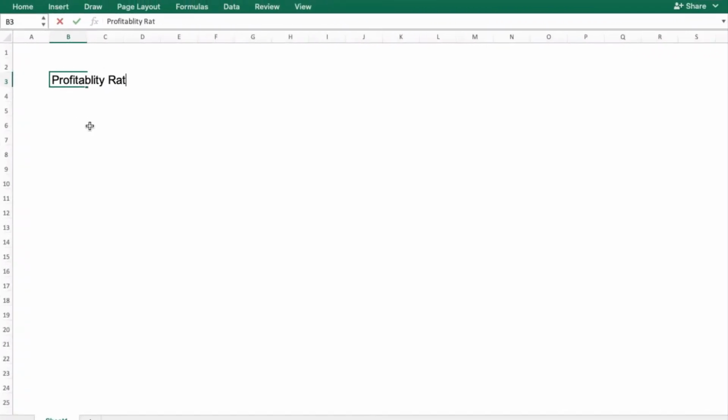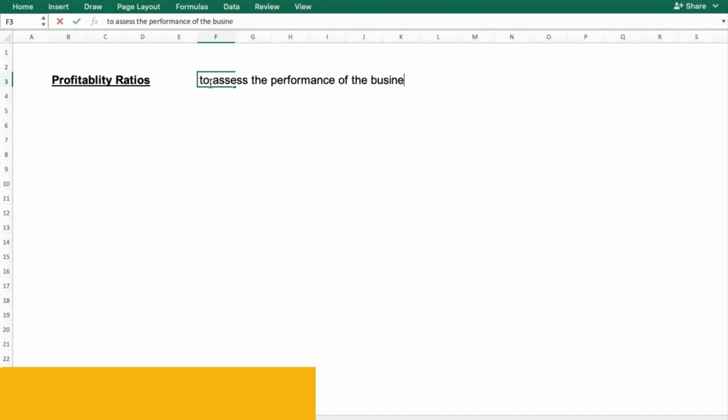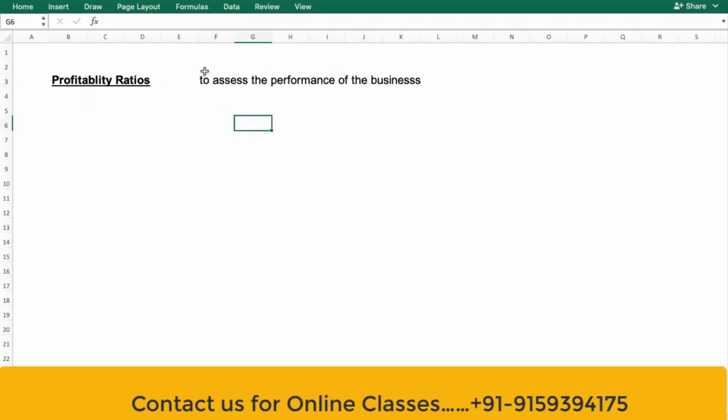Profitability ratios. Why do we use profitability ratios? To assess the performance of the business. Performance means how the business is doing in the industry.